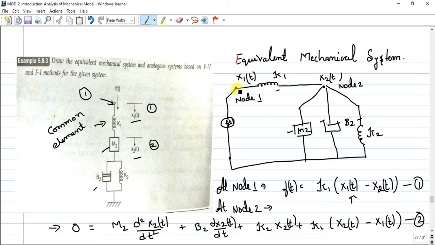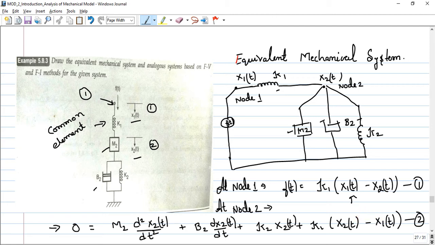With respect to node 1, the equation is k1 multiplied by x1 of t minus x2 of t. When you consider node 2, the same equation will be reframed to x2 of t minus x1 of t. Okay.